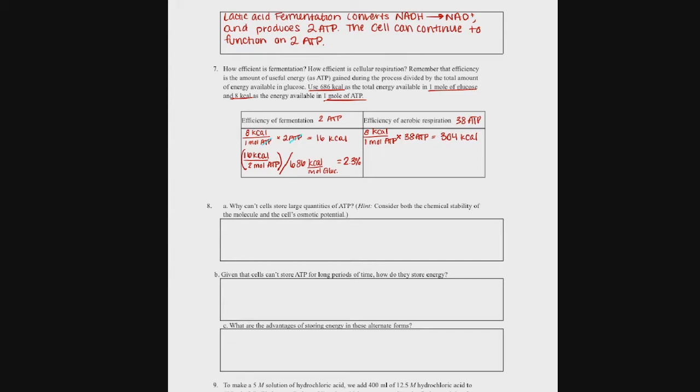304 kcal. So we're just going to do that conversion, and we're doing 8 kcal per mole of 1 ATP. And we're going to divide that. Oh, shoot. No, we're using 304. Okay, so, sorry. 304 kcal per 38 mole over 686 kcal per mole glucose.